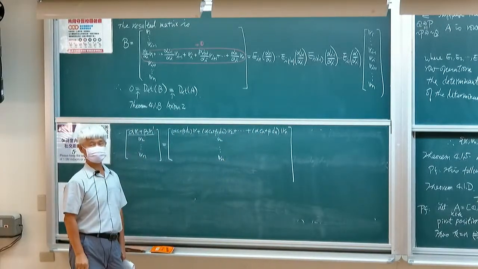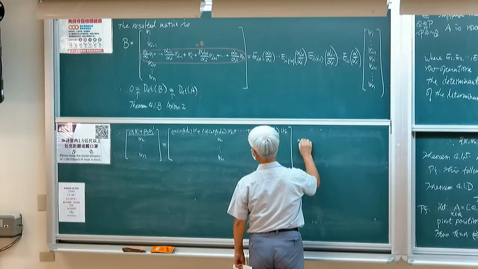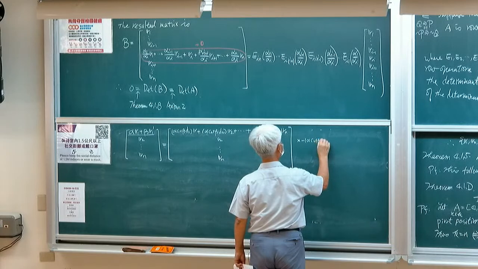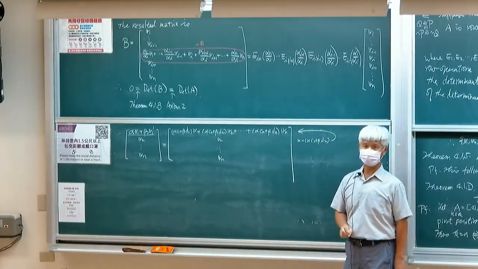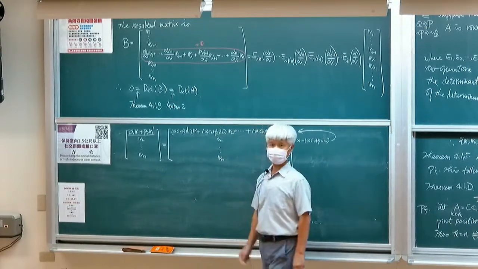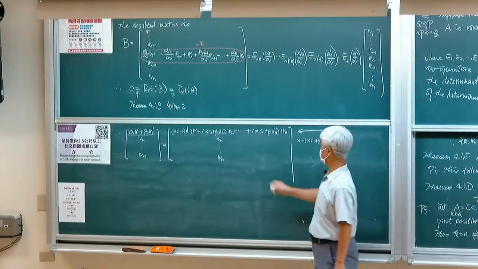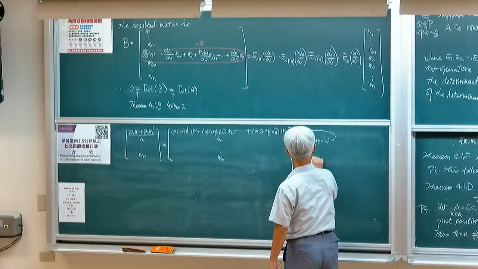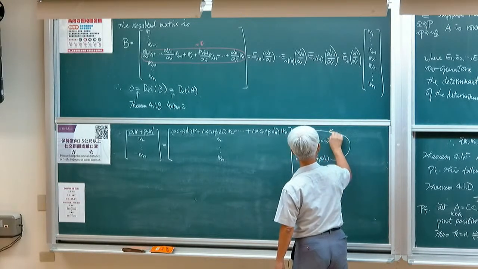How? Replacement operation, right? So we can multiply by minus alpha C2 plus beta D2 and add to here to cancel this term, by a row replacement operation. Similarly, up to here, we can multiply alpha Cn plus beta Dn and add to there.